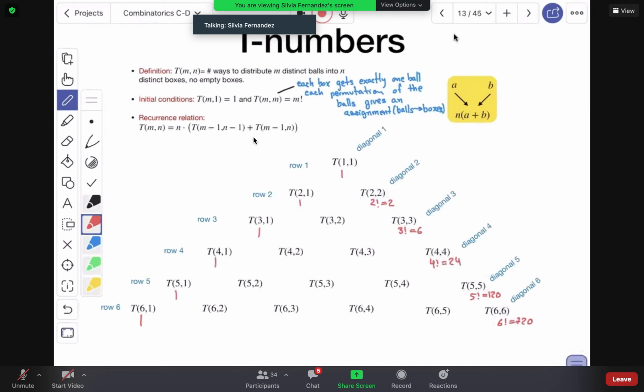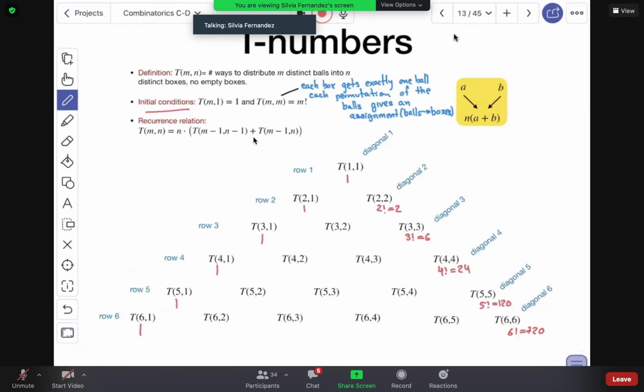Okay, and now how do we get the other entries? The other entries come from this recursive formula. These we can explain in a combinatorial way. So this is the formula. If you want to know the T number Tmn, you consider the previous two, almost as in Pascal's triangle: Tm-1,n-1 and Tm-1,n.